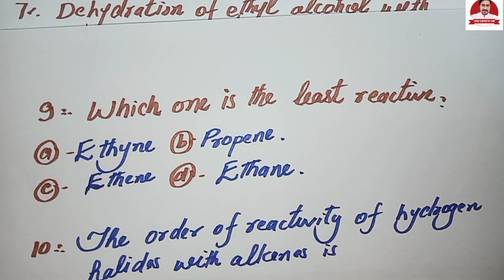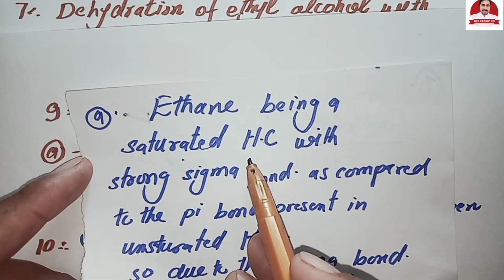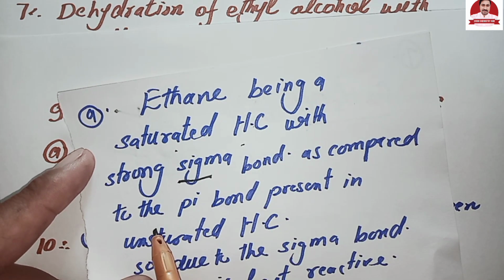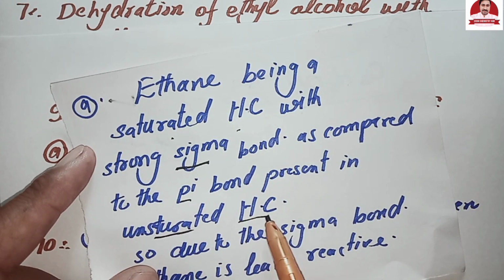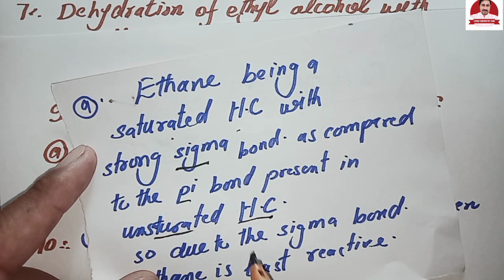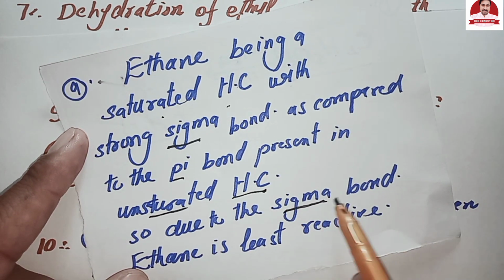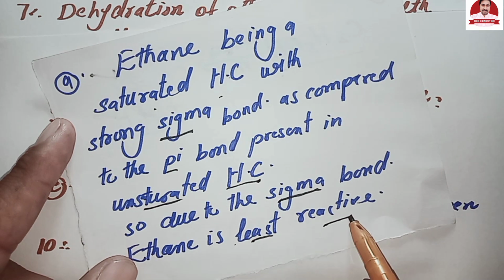And as we know that ethane, being a saturated hydrocarbon, has strong sigma bonds as compared to the pi bond which is present in the unsaturated hydrocarbons. So due to this strong sigma bond, ethane is the least reactive.